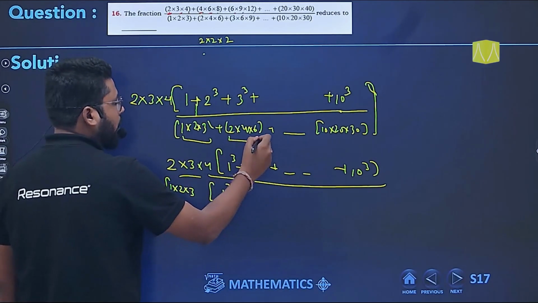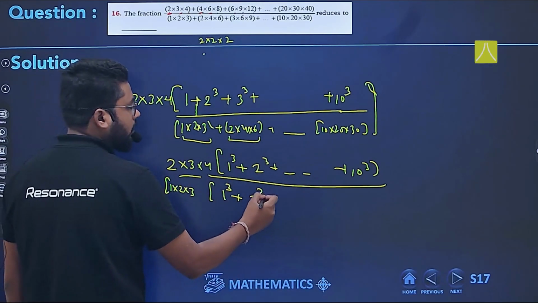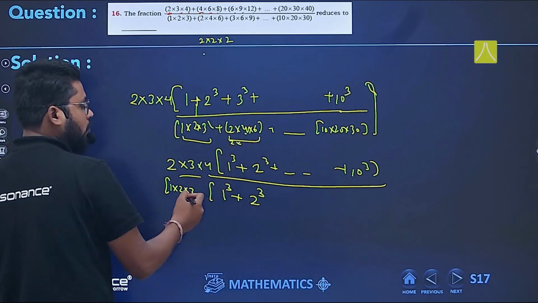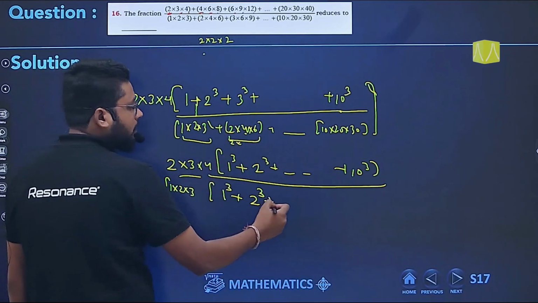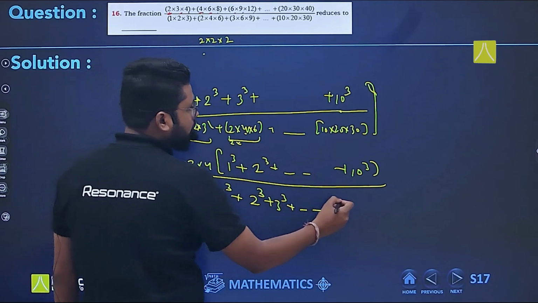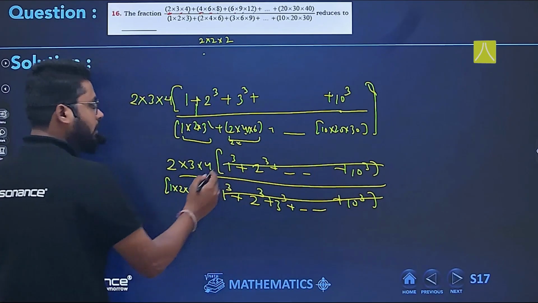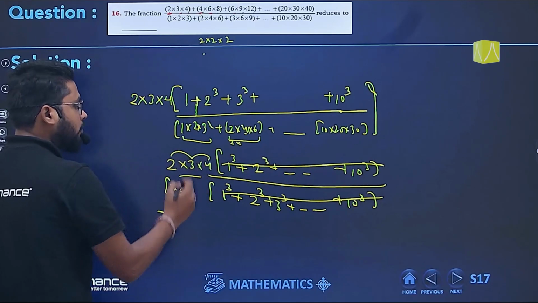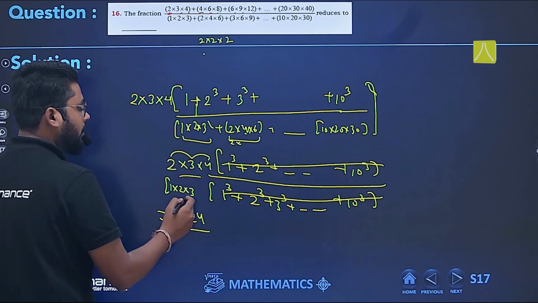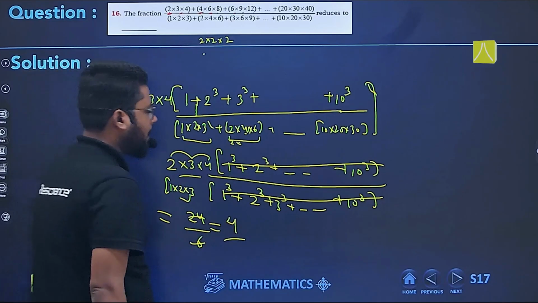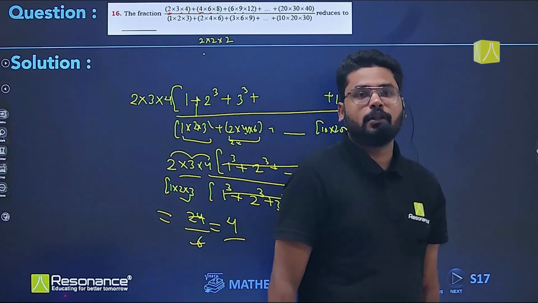So 2 into 4 into 6 will be 2 cube only, because if out of 4 you take 2 common, then 2. Similarly 3 cube, and it goes up to 10 cube. So these two parts will cancel each other. So you're left with 12 into 2, 24, by 3 into 2, 6. So our final answer will be 4. Okay.